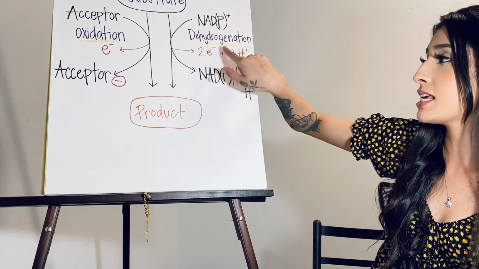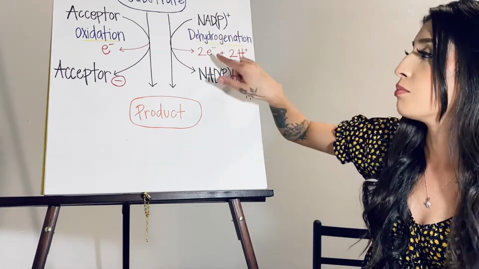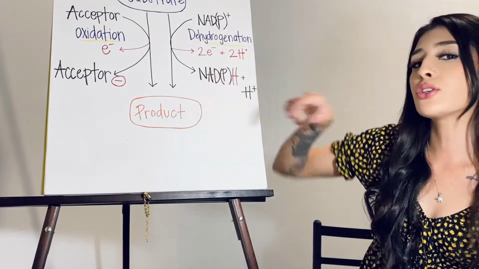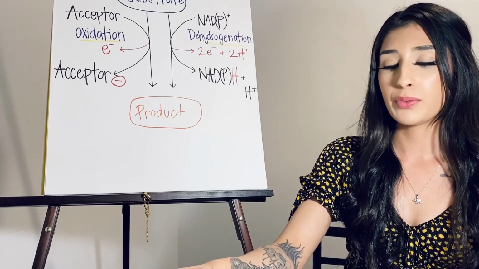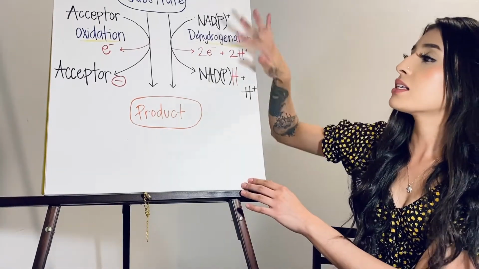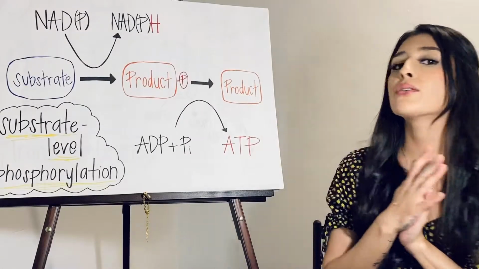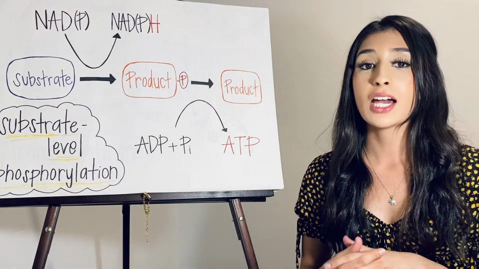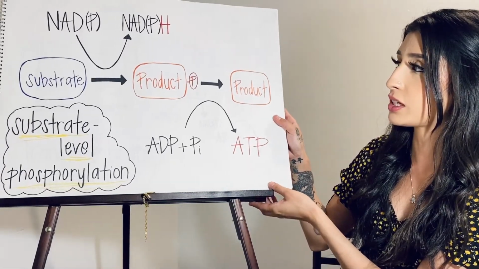Dehydrogenation, you're taking an electron and a hydrogen, which is a proton, an electron and a proton, to a hydrogen acceptor, which will then give it reducing power. So that is a recap of oxidation and dehydrogenation. Now we can go on and explain substrate level phosphorylation.